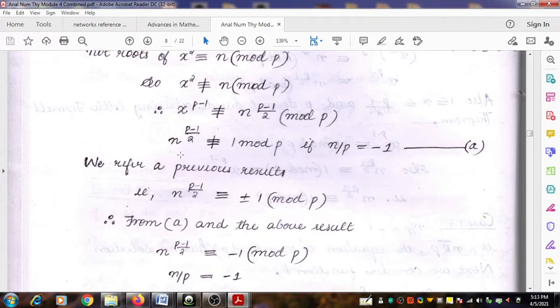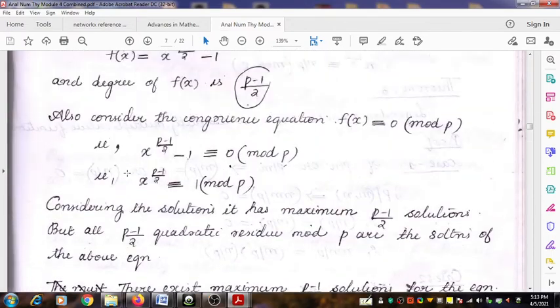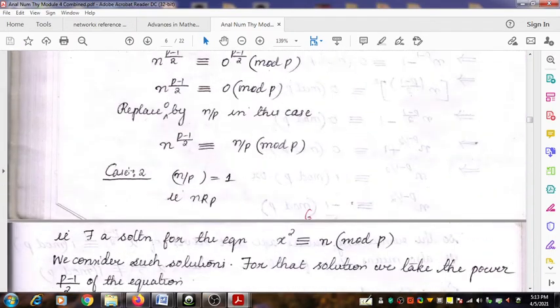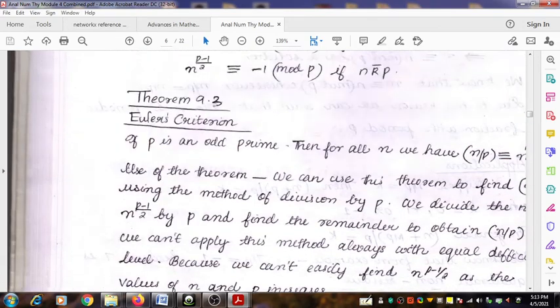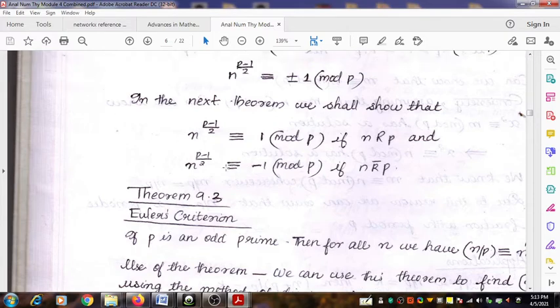But you can now come back to the previous discussion that we had just before the beginning of the theorem: only two possible values are there for n^((p-1)/2) congruent to some x mod p, and those values are +1 or -1.